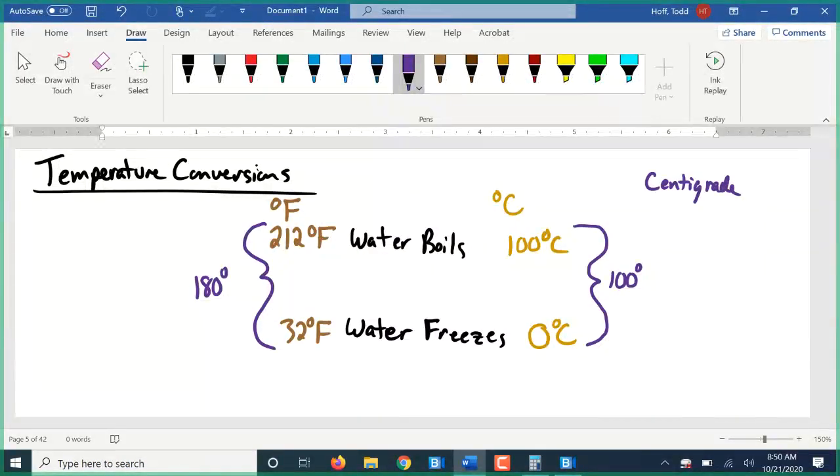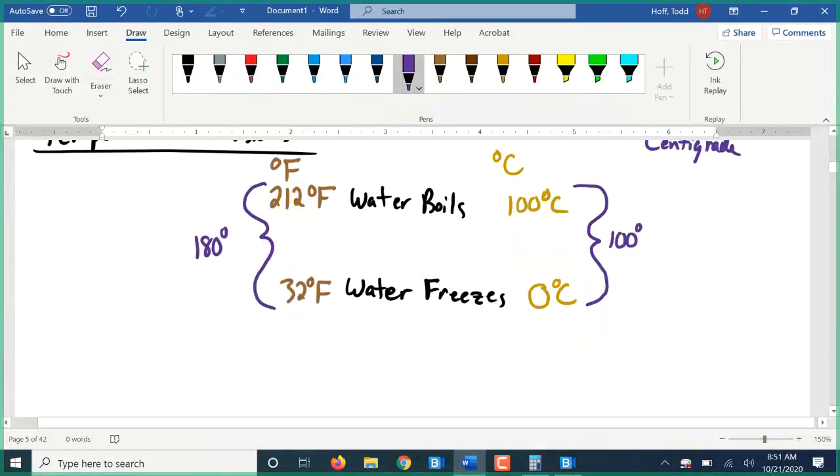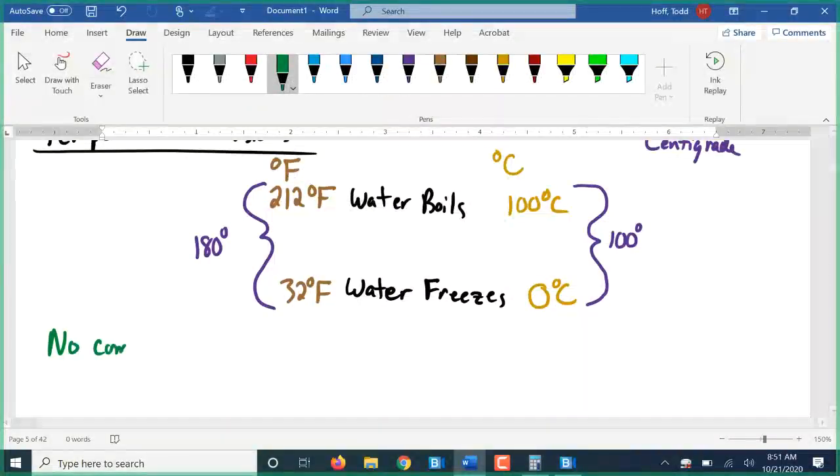There's a bigger issue, though, other than the difference in the size of a degree. The bigger issue here is that there is no common 0 point. What does that mean?